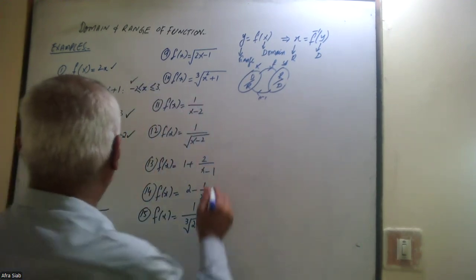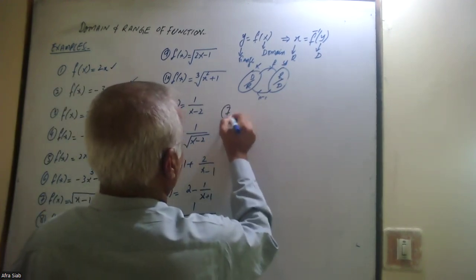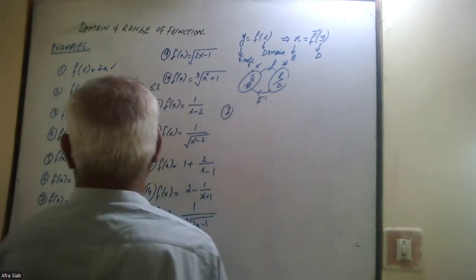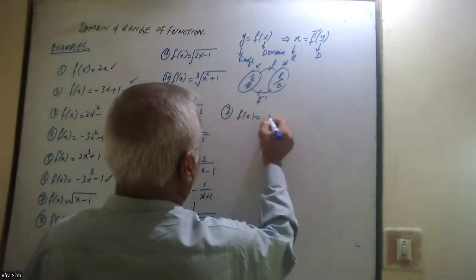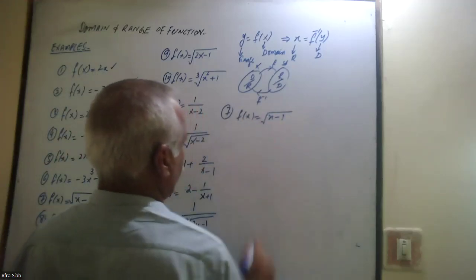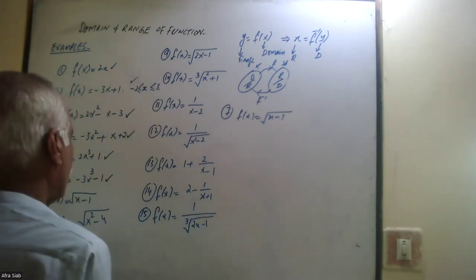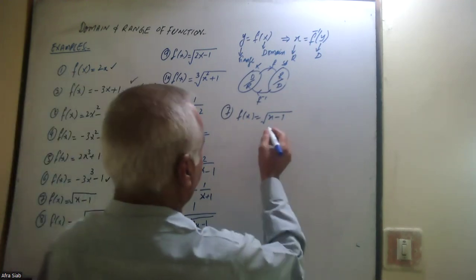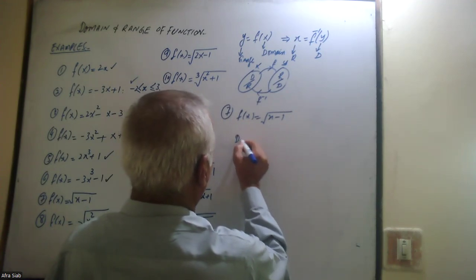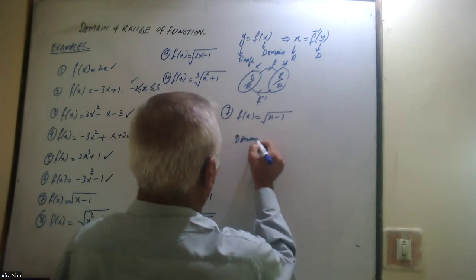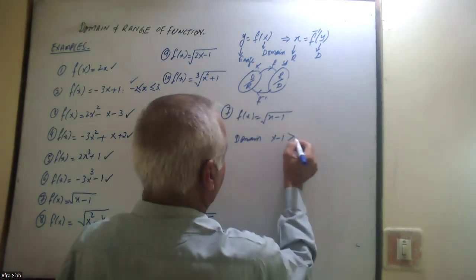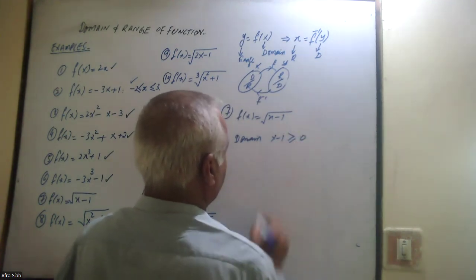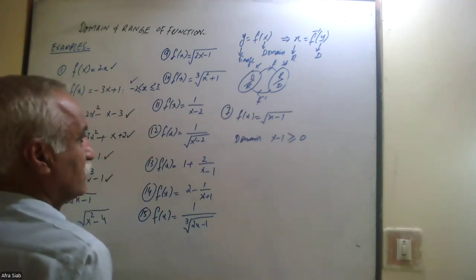Now, question number 7. f of x is equal to square root of x minus 1. Now, we are going to get the domain. For this domain, x minus 1 should be greater than or equal to 0 because it is the square root.